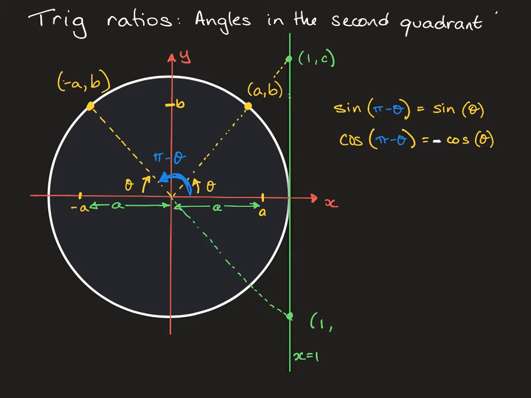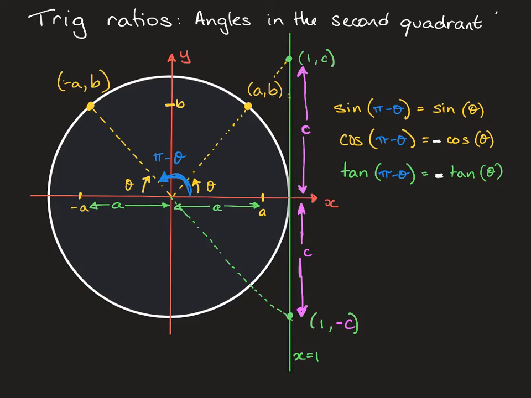And we'll use the fact that the distance that point is below the x-axis is the same distance that our other point that has coordinates 1, c is above the x-axis, that distance is c, which means that our coordinate for our point down the bottom is the same size c, but it's negative. So that makes our relationship for tan of angles in the second quadrant the same size as tan of the same angle in the first quadrant, but negative.